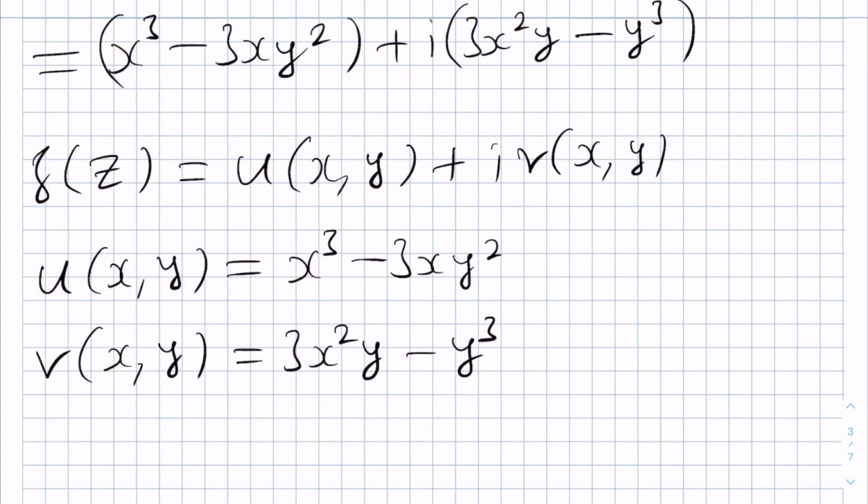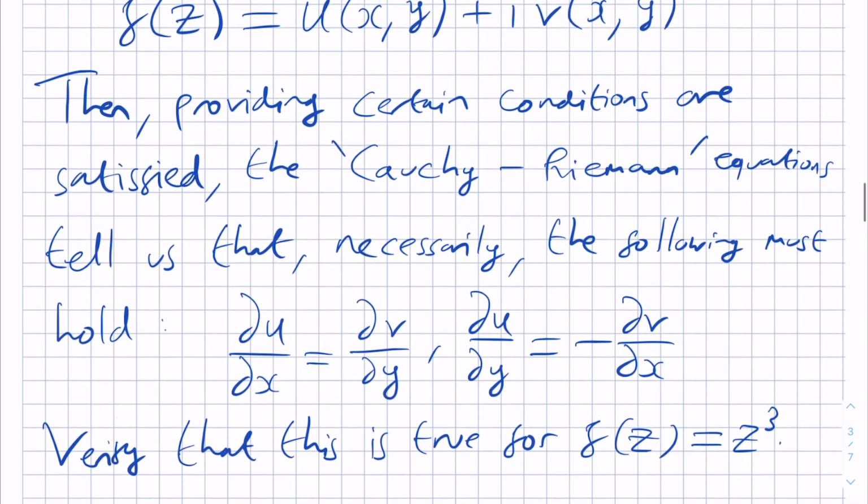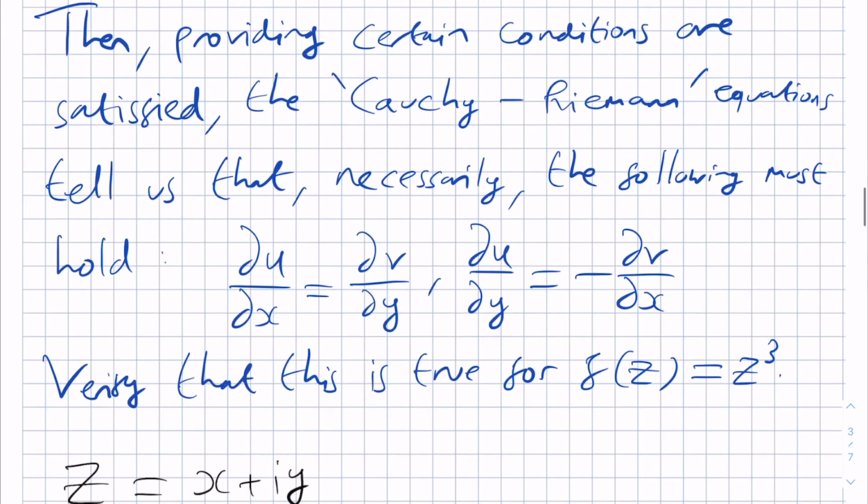Then we want to check that the so-called Cauchy-Riemann equations hold for this example function. So we want to check these equations here. As a result, we need to calculate the partial derivatives of u and v with respect to x and y separately.